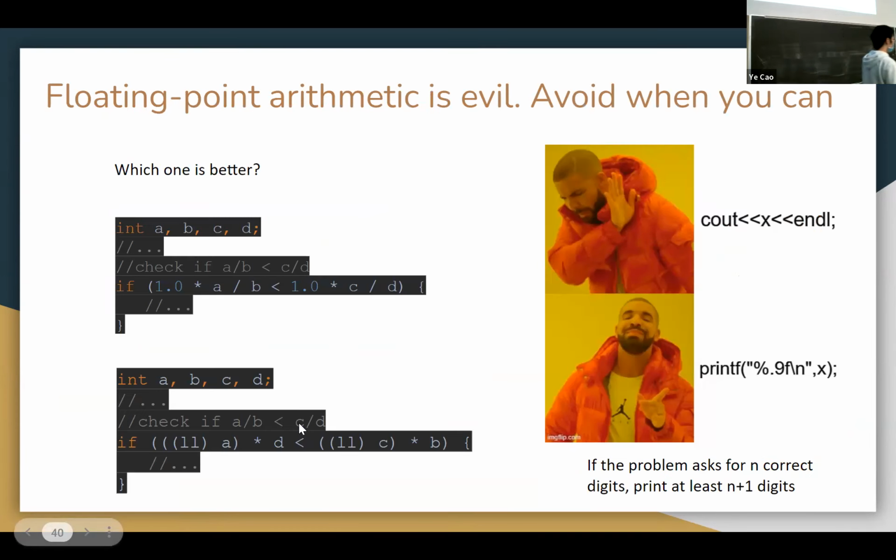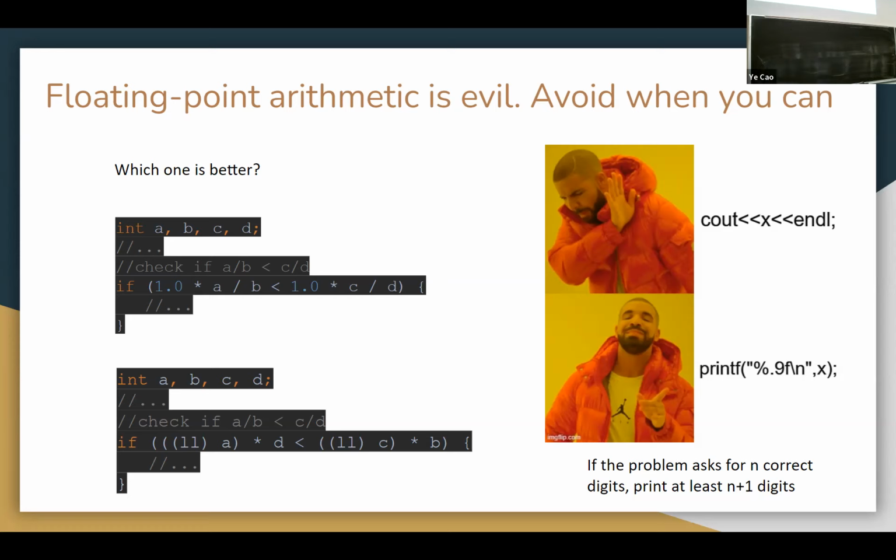Floating point arithmetic. That's another common pitfall in programming competitions. Floating point arithmetic isn't exact. You probably already know that. So if you can avoid it, by all means avoid it. For example, if I'm to compare two fractions, is a over b less than c over d?